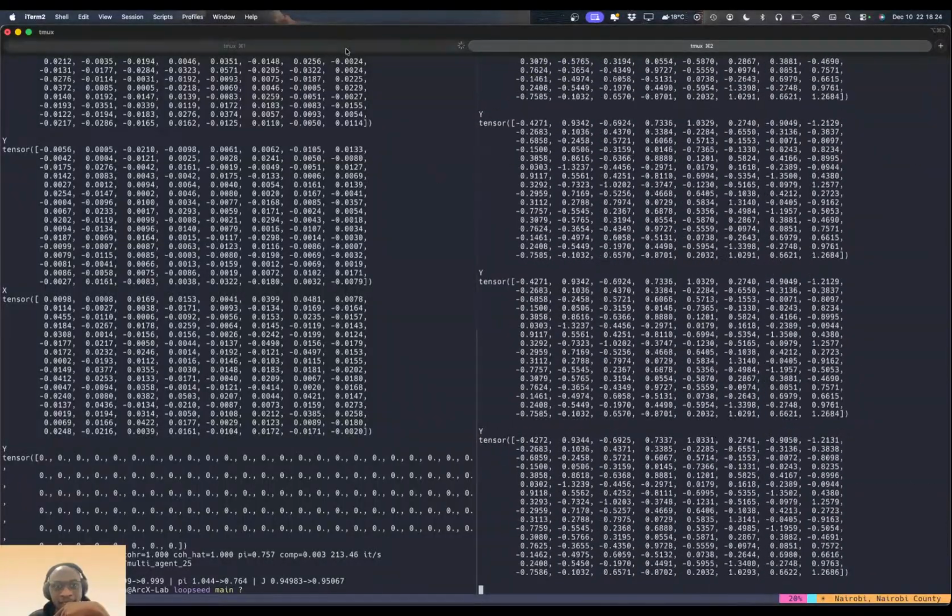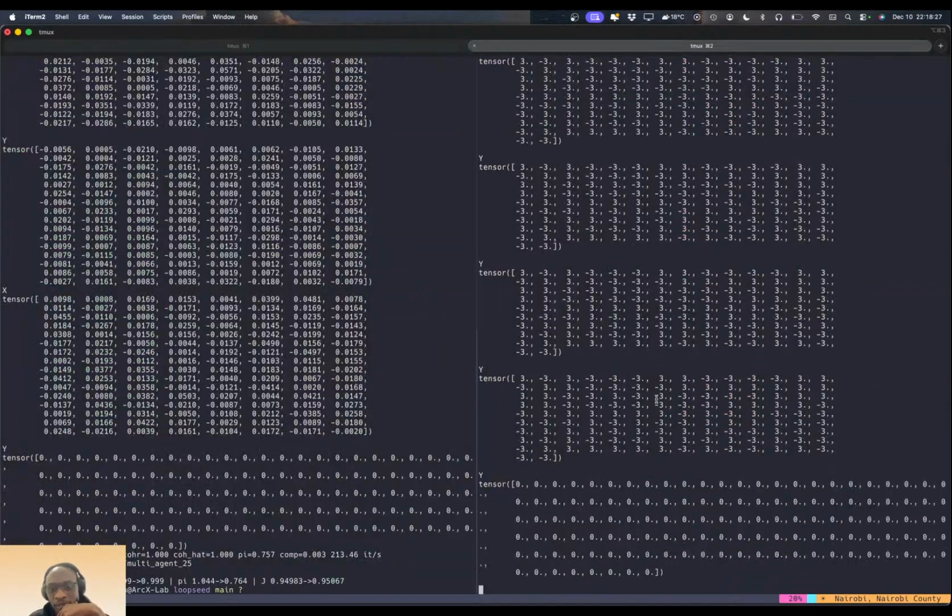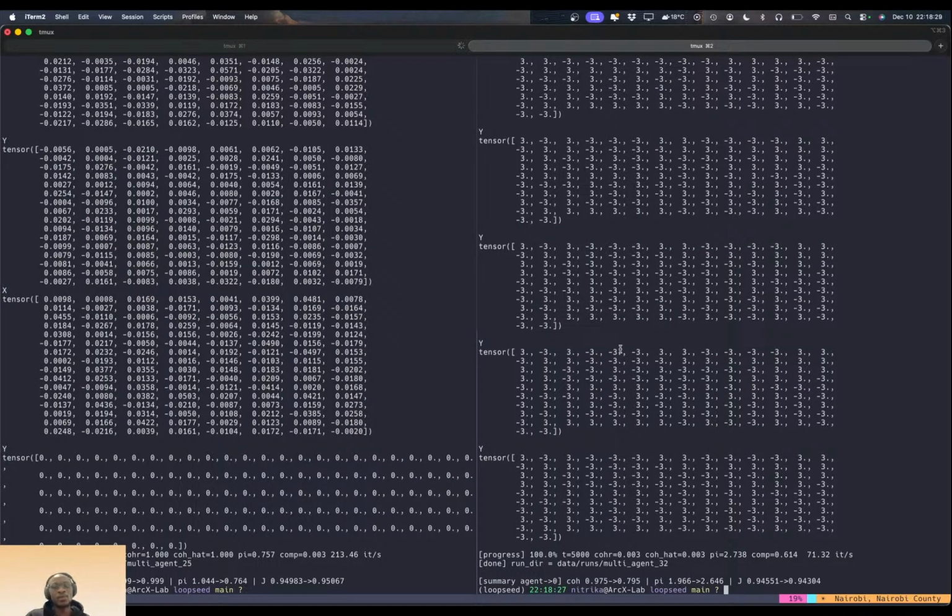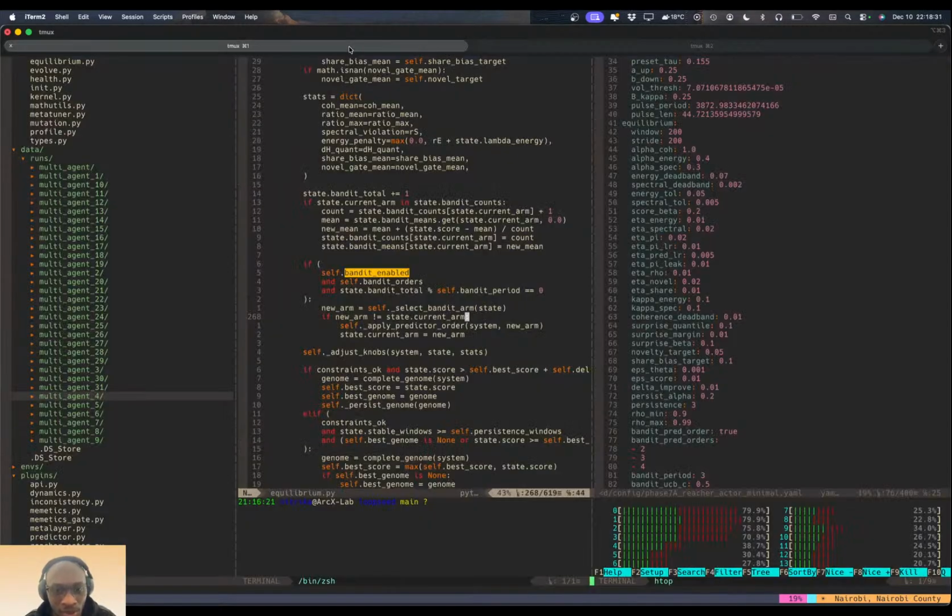If this works, then oh, it doesn't work. So we know the problem. We know what's causing this. Every time we change the dimensions, something happens.